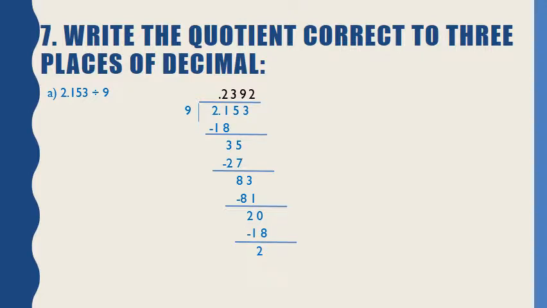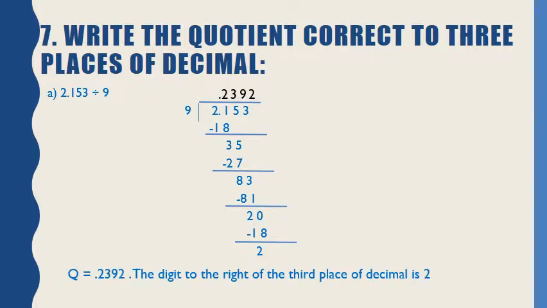Now what is our quotient? The quotient is 0.2392. Okay, and now we need to round off this quotient to the third place of decimal. So what is the digit at the third place of decimal? Well, the digit at the third place of decimal is 9. And what is the digit to the right of the third place of decimal?